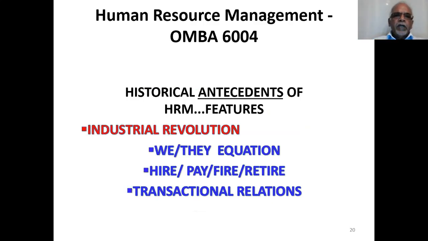Let us take a look at the historical antecedents of HRM. That is, how the function was managed in the past, especially in the days of the Industrial Revolution. Relations between management and employees were often qualified as being a we and they relations.